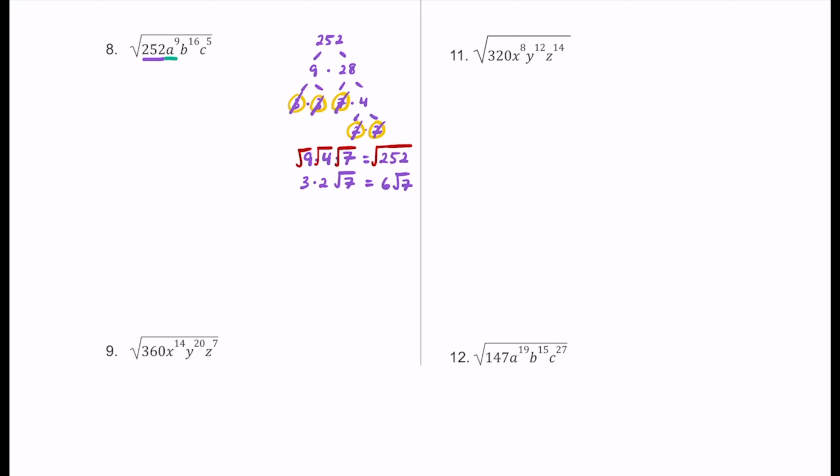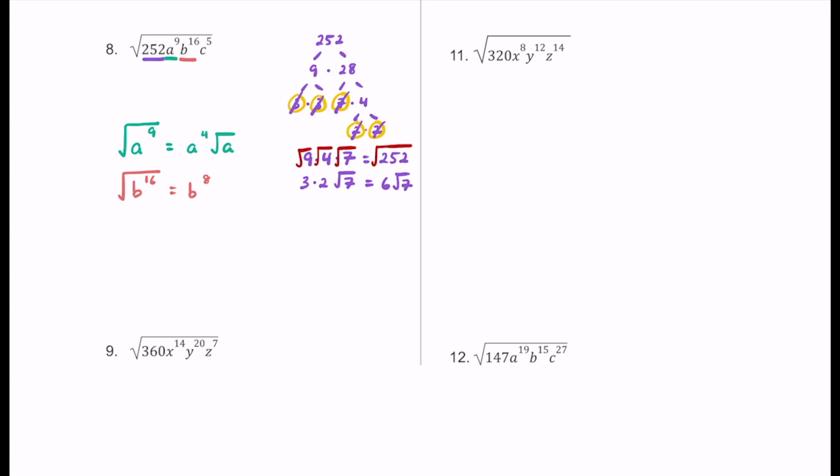For a to the 9th power, let's see if you're getting the hang of this. A to the 9th power, the square root of it, if we take 1 away, that's a to the 8th power. So the square root of a to the 8th power is going to be a to the 4th power, but we have an extra a because we had an odd exponent. If we have b to the 16th power, that's an even exponent, so the square root of b to the 16th power is just b to the 8th power.